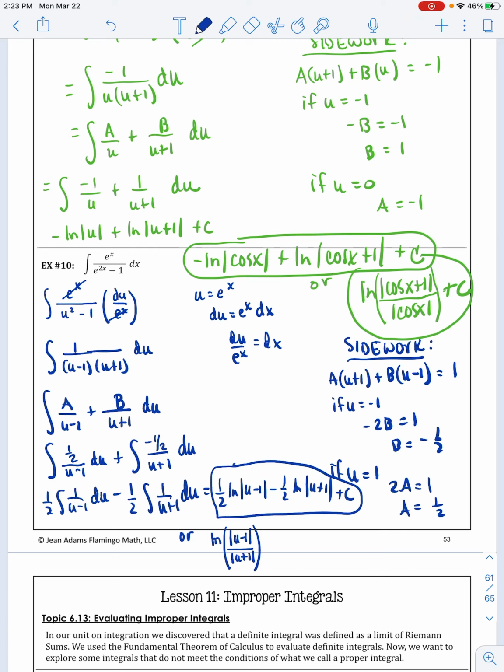There's so many different ways to write this, but since they're both being taken to the 1/2 power, you could do that. You could leave the 1/2 out in front and just take those, oh, we forgot to put our u back in, sorry. I just realized that. So you could leave the 1/2 out in front and do it like that.